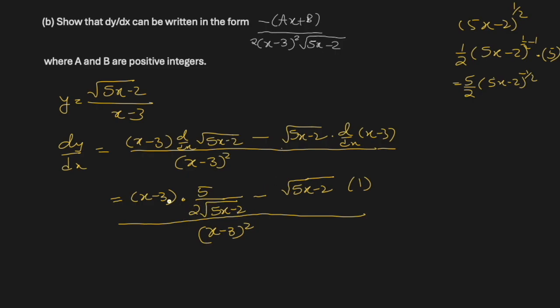Now we have a denominator within the numerator. So let's multiply the whole numerator by 2 square root 5x minus 2, and the denominator as well, so that we get rid of the denominator inside the numerator. When this multiplies with the whole expression, the 2 square root 5x minus 2 will cancel, so we'll be left with just 5 and x minus 3.